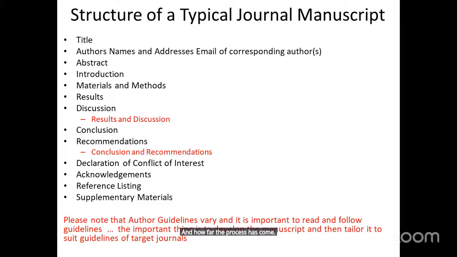But we are also living in the era of open data science. And because we're living in the era of open data science, some journals actually demand that you release the raw data, Excel spreadsheets, ANOVA tables, which are not tables within the manuscript, but you release them and they use them as supplementary material.